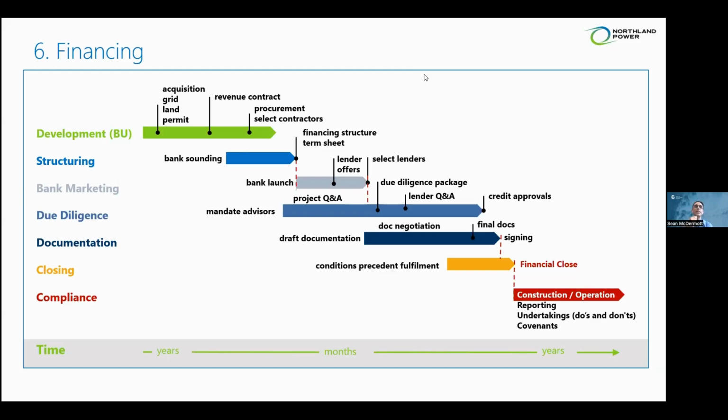But effectively, as a company doing project finance, we're looking for debt to pay for 70 to 80% of the project, and we work with lenders to put that together. Lenders, when they're putting upwards of 70 to 80% of the cost of a wind farm together, want to understand what's happening.